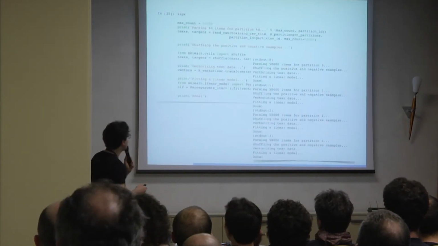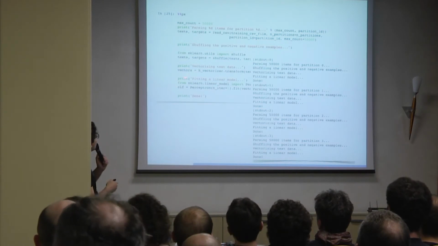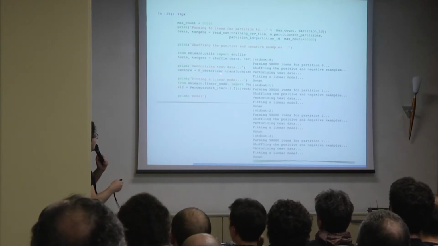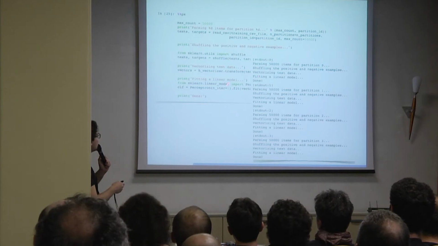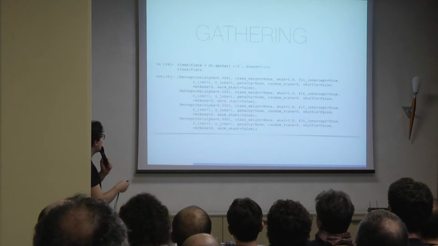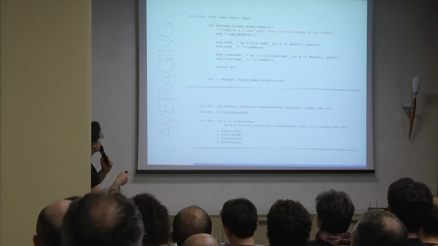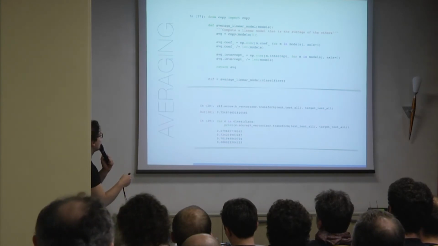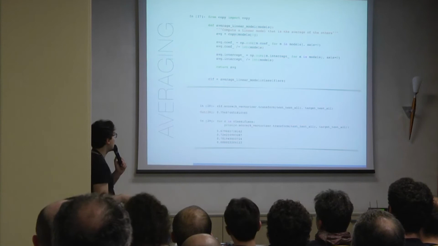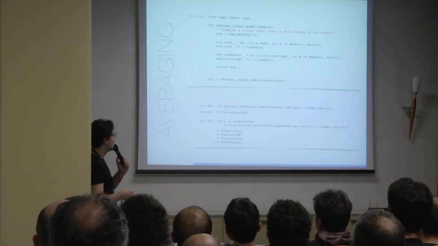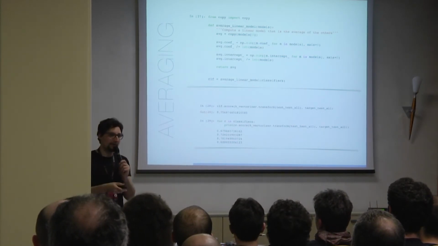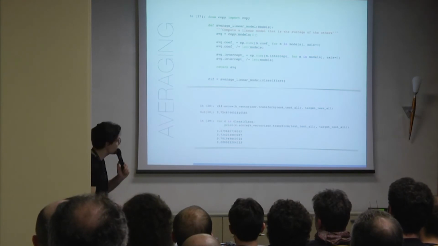In fact, after this function returns the perceptron instance fit with the data analyzed in this particular bucket, we gather the results and then we average. The average linear model is the average model we're computing to have the final model on the data analyzed one bucket at a time on different processes.